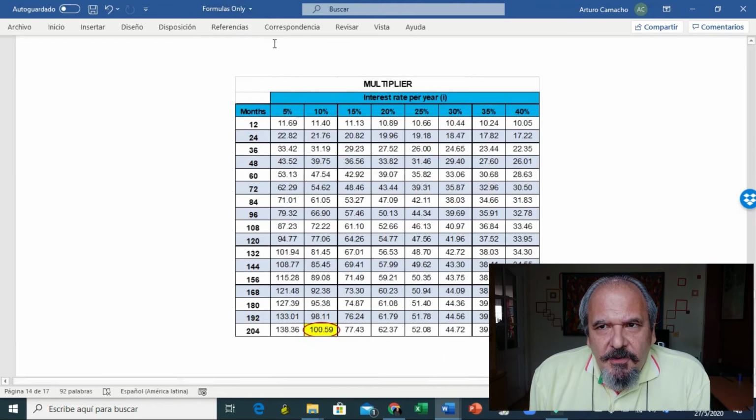See? For every discount rate, or the interest rate, and the number of periods, you have the multiplier, where I highlighted the 100, 200 problem we just did. Of course, it's not precise because the number should be 100 exactly here to obtain the 201 months that are required for the loan to be paid. But with this table, you will have it all.